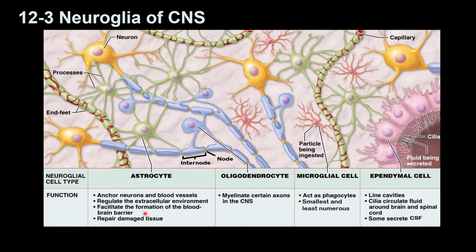So if they are damaged, then the astrocytes come and replace them, and that's why if somebody has a stroke or any other damage like a trauma, then their damage is permanent. If it is not treated for a long period of time, it's usually permanent. That's because astrocytes are preventing the axons from growing.